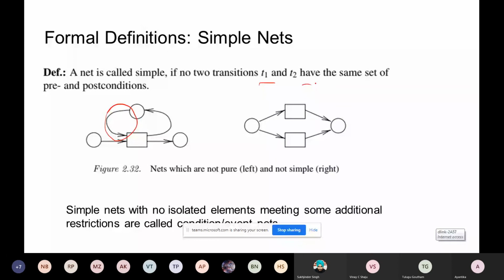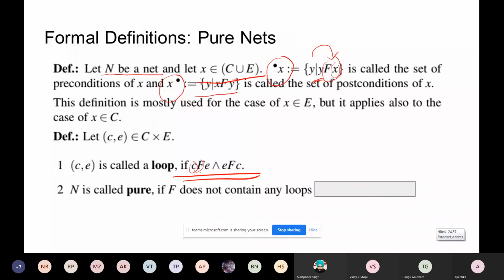For the loop, I think it is clear that you have some condition, and that condition leads to some flow relation, and that leads to some event. Similarly, the same event leads to some flow relation, and that flow relation again satisfies some post conditions.